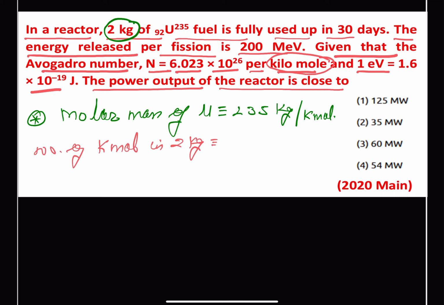Let us suppose that is given as small n, and small n will be equal to 2 divided by 235, which is approximately equal to 0.00851.